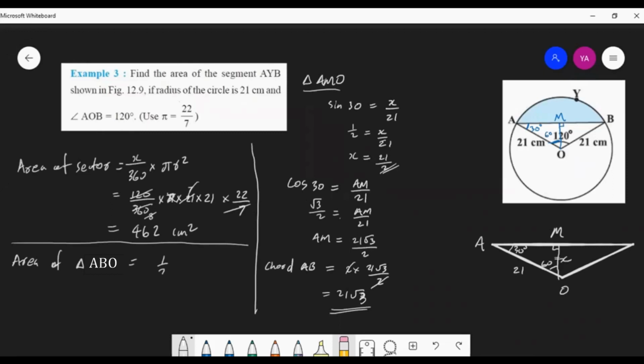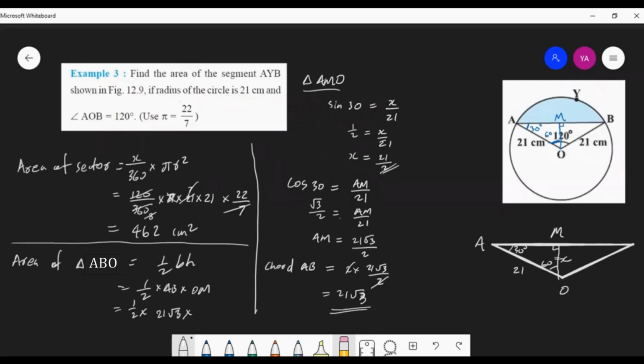Substituting the values, half into AB, which is 21 root 3, into OM.